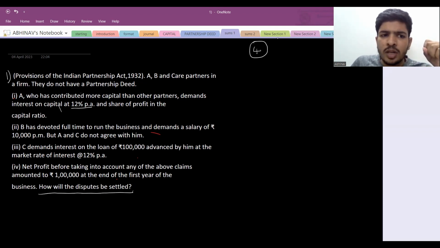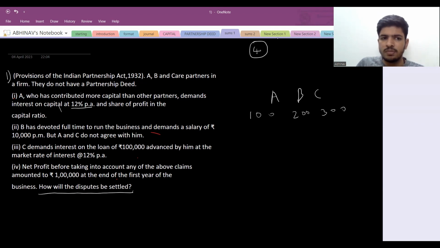That means assuming A, B, and C are there, and A contributes 100 rupees, B contributes 200 rupees, and C contributes 300 rupees. So A is telling that I need 12% interest on capital. And share of profit in capital ratio means they want the profit to be divided in the ratio of the capital.